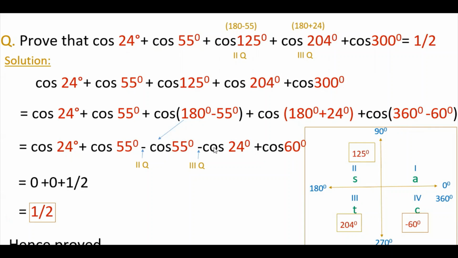Now cos 24 minus cos 24 is 0, and cos 55 minus cos 55 is also 0, plus cos 60 is 1 by 2. So this value is 1 by 2, hence proved.